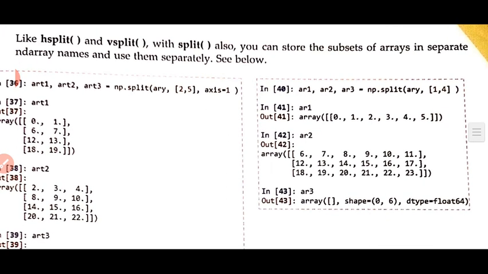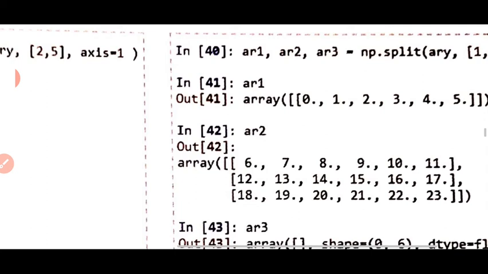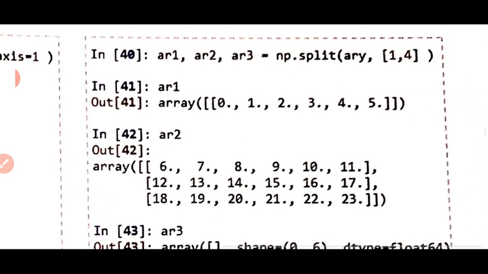Same here in input number 40: AR1, AR2, AR3 is equal to np.split(ARY, [1, 4]). Here 1, 4 is given, and you can see that the axis is not given, so the default axis will be applicable. What is the default axis? Axis 0, meaning on the vertical axis it will divide.